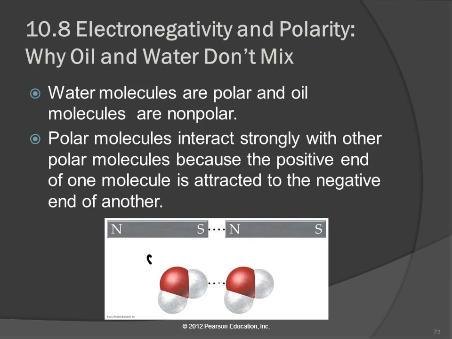So the oxygen end is negative and the hydrogen end is positive. And so we get an attraction between the positive end of water and the negative end of water, just like opposite poles of a magnet attract each other. So we get this attraction between the molecules that doesn't happen in the oil molecules. And that attraction is so strong that they exclude the oil.